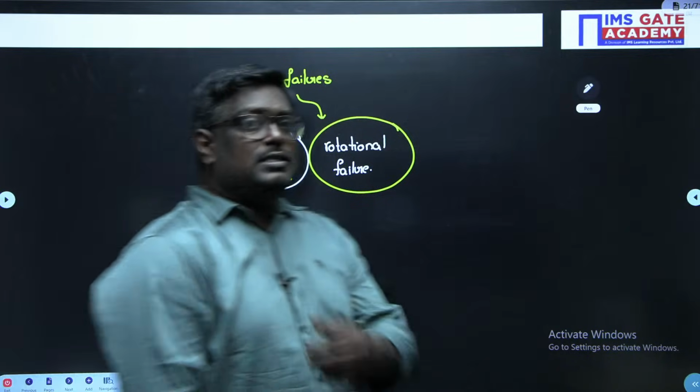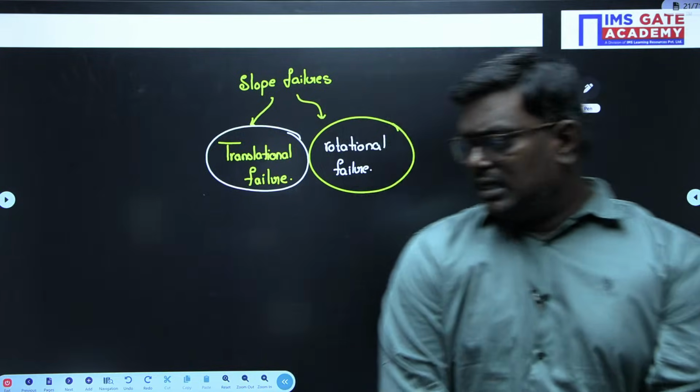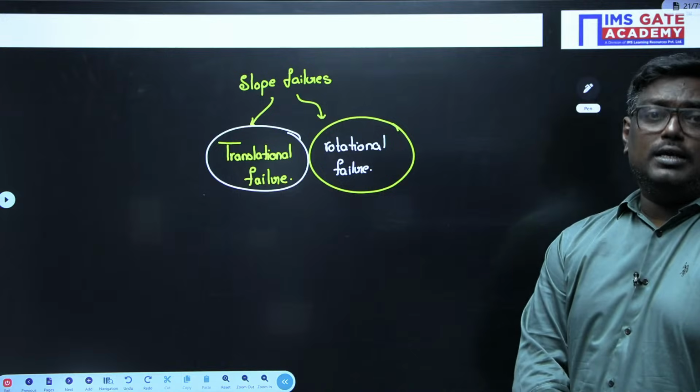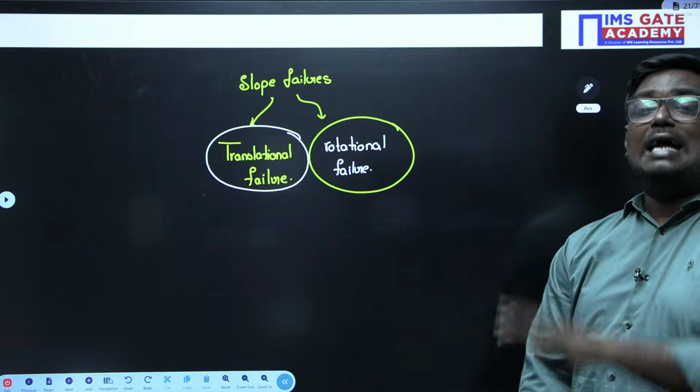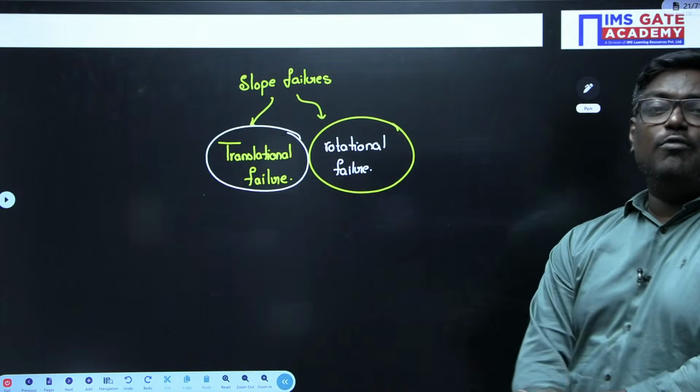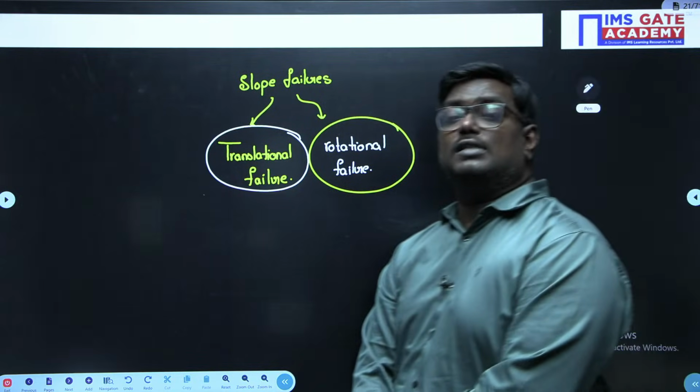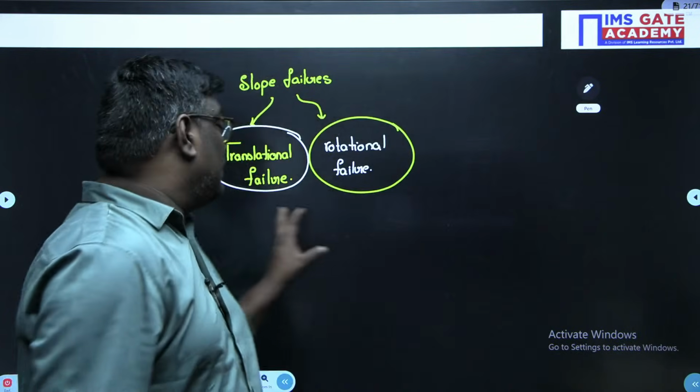What is translational failure? In translational failure, failure occurs parallel to the slope at some depth. Rotational failure occurs along a curved surface. So these are very important.